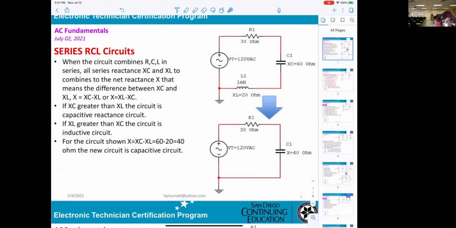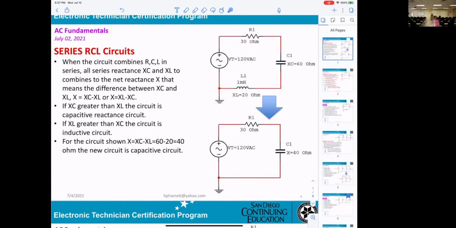Okay, go back to the series circuitry again. You get XL 20, XC 60. So XC is higher than XL. Okay, so the net reactance will be 60 minus 20. You get 40.